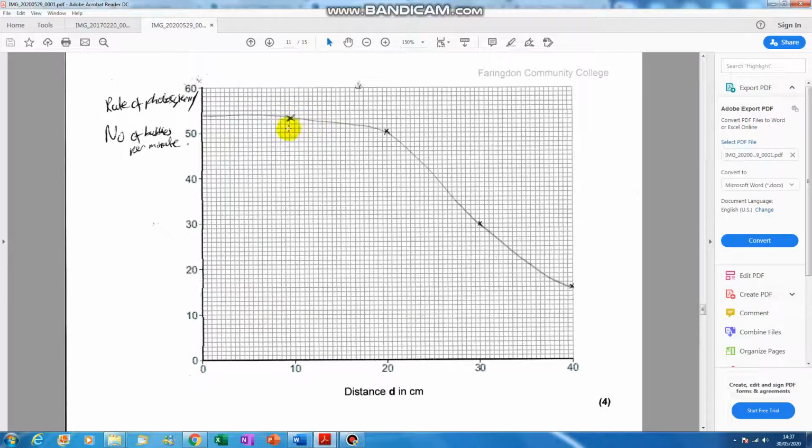So the next thing to point out is that you clearly haven't got a linear relationship here. Your crosses do not represent a straight line. So you should draw a curve of best fit here.